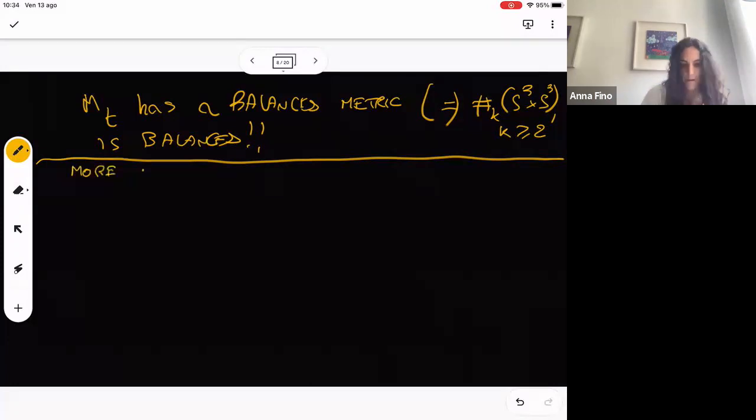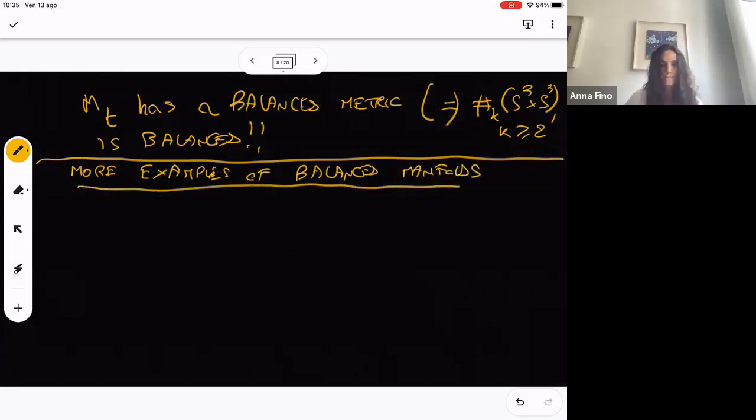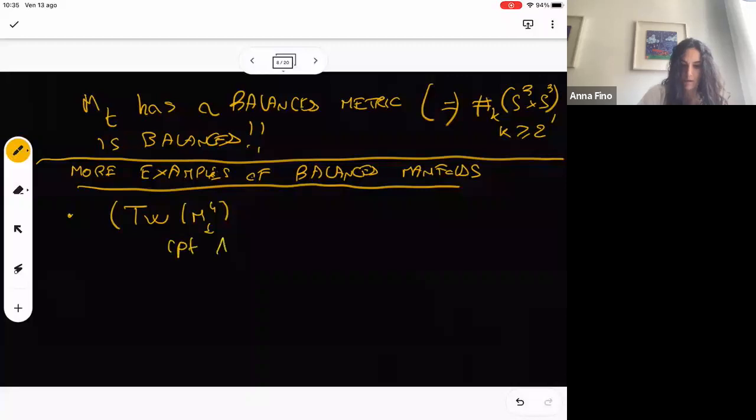Let's see more examples of balanced manifolds. One example we already saw in the second lecture, and this is the twistor space. If we take the twistor space of a compact anti-self-dual Riemannian 4-manifold, we review how the complex structure is constructed.